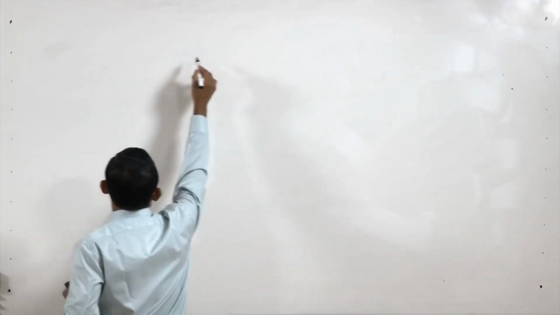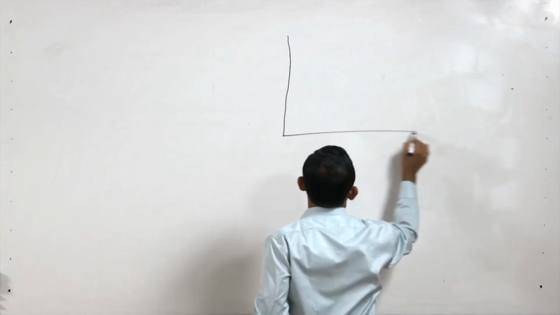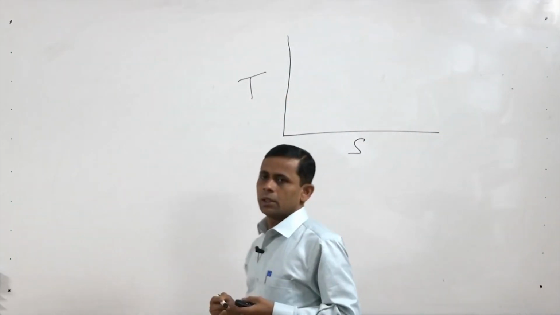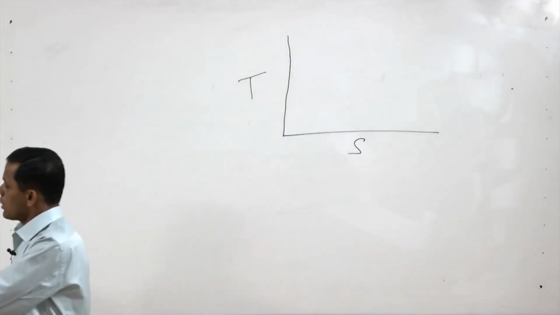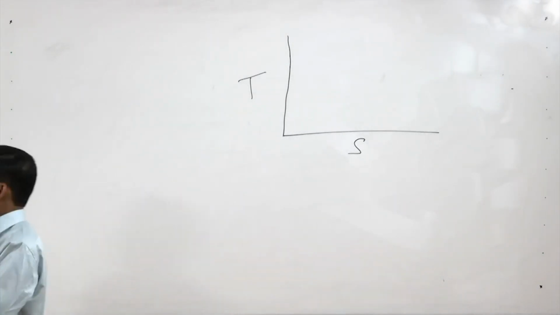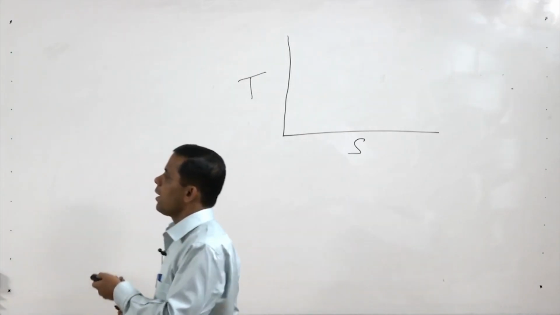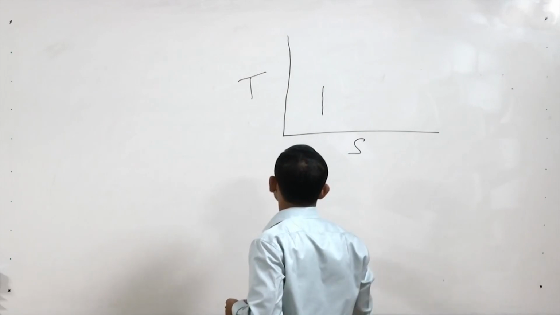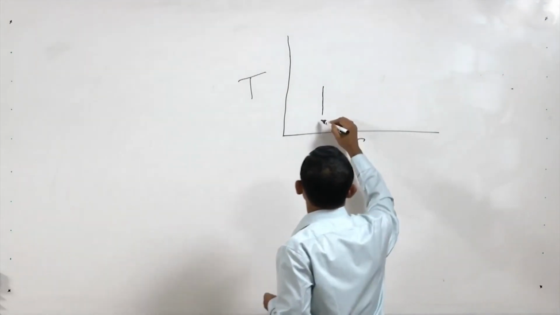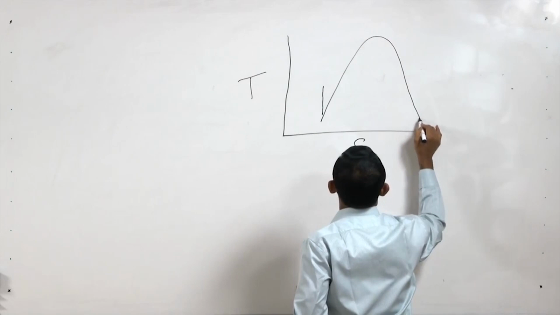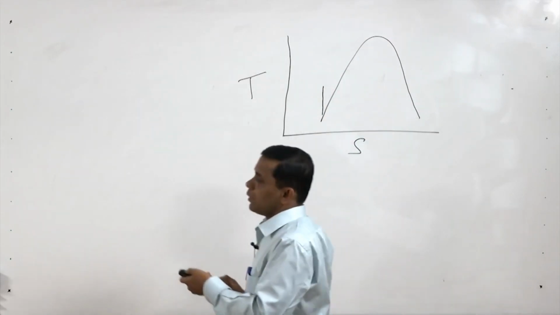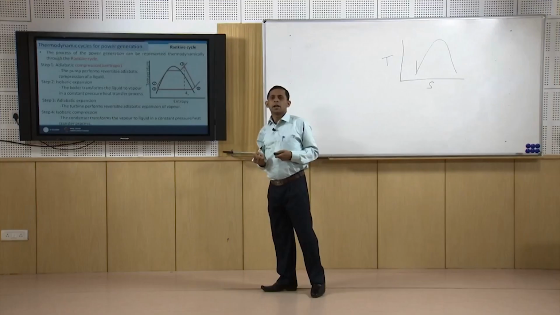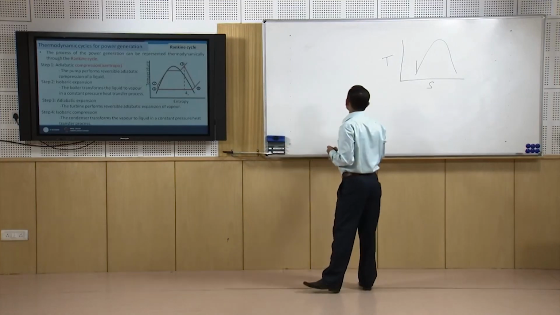So, in the Rankine cycle, if we develop the temperature entropy diagram, then we will see it consists of 4 steps. The first step is adiabatic compression, and the second step is isobaric expansion.